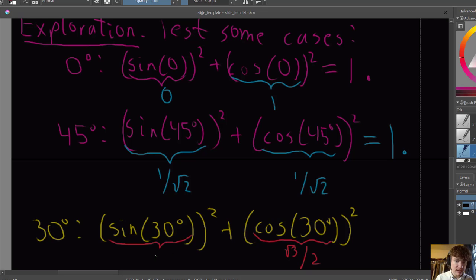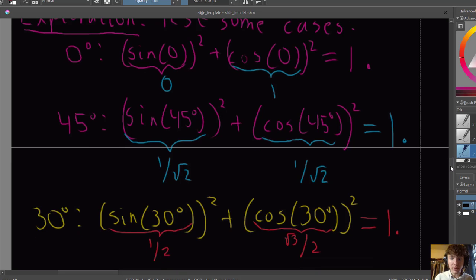And the sine of 30 degrees was 1/2. So when we add those together, after squaring them, you square 1/2 and you get 1/4. You square root 3 over 2 and get 3 over 4. So 1/4 plus 3/4 again equals 1. Okay, so we're starting to see that this pattern might be true for all angles.